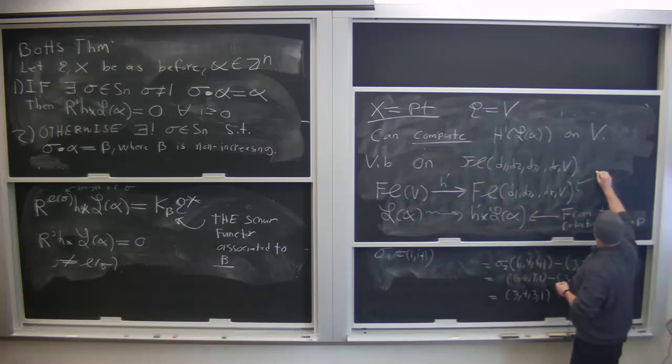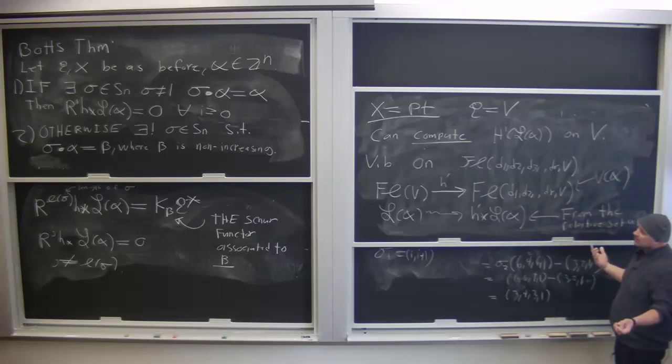We call this vector bundle here, let's say, V alpha.